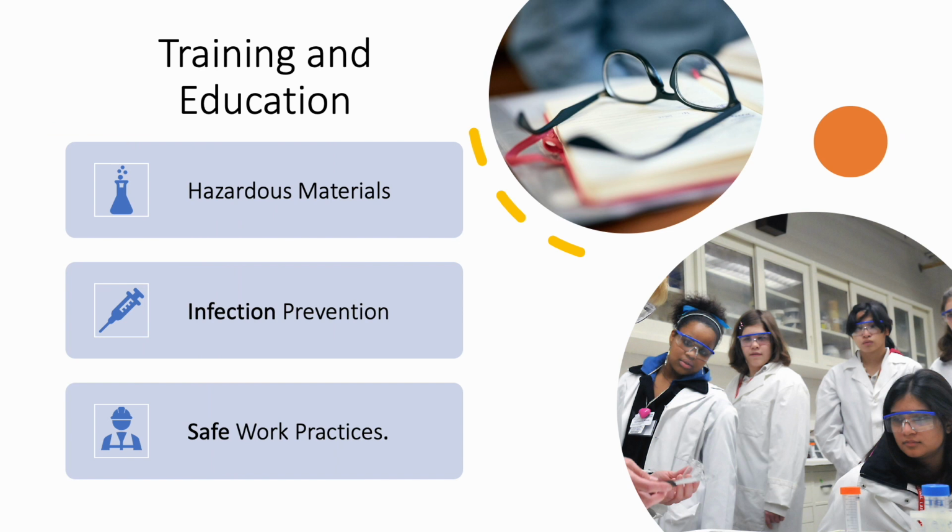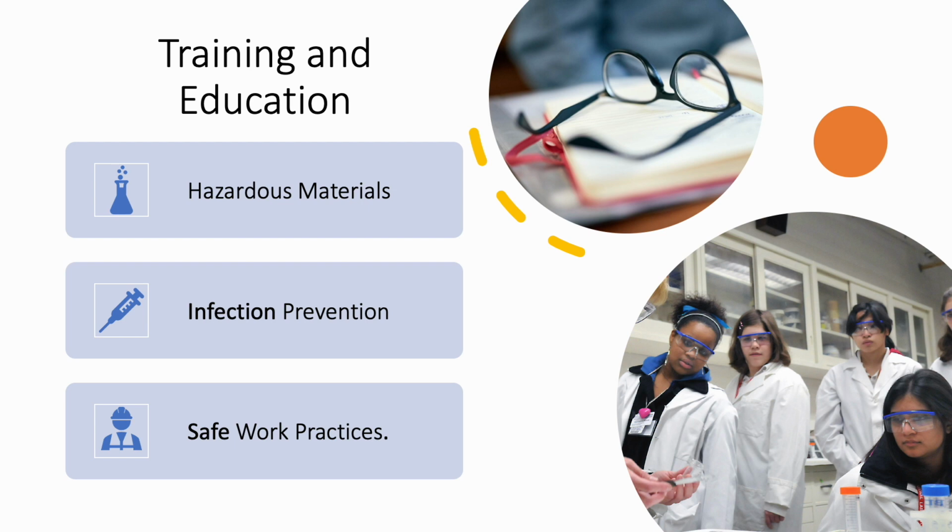I know this sounds like a lot, but there are tons of resources available to help healthcare facilities stay compliant. OSHA provides training, resources, and guidelines to healthcare facilities and workers to ensure they understand and can implement safety protocols effectively. This includes education on handling hazardous materials, infection prevention, and safe work practices.